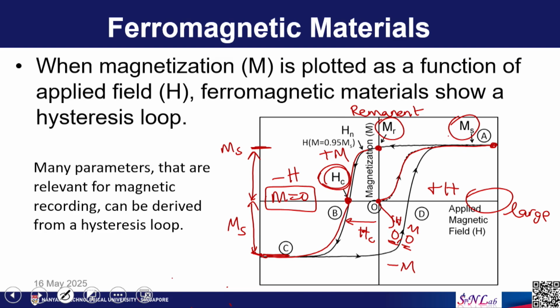So, by placing a ferro or ferrimagnetic material inside a VSM, we can trace this loop and get these parameters like MS, MR, coercivity and so on.